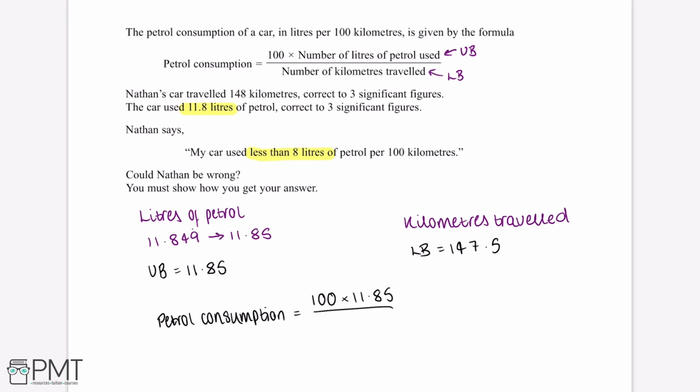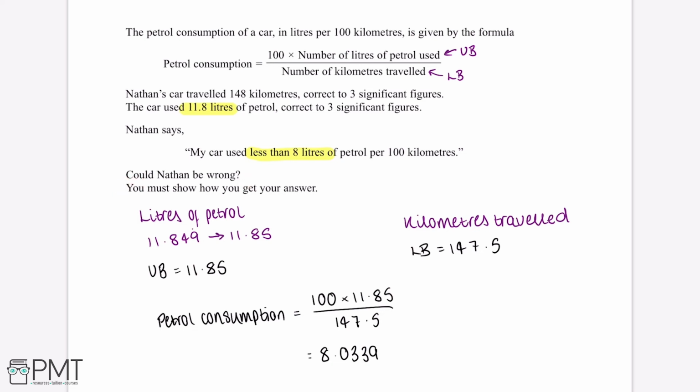And we worked out our lower bound was 147.5 kilometres. And these are the two values which we'll use in our equation. And this gives us a petrol consumption of 8.0339. So as we can see, this value is greater than the value that Nathan stated. So therefore, Nathan could be wrong.